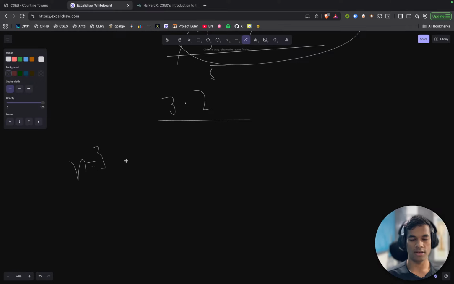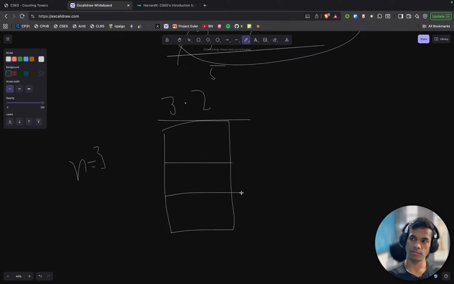For n equals 3, I guess, these are the things that we have. If we already have the answer for n minus 2, right?